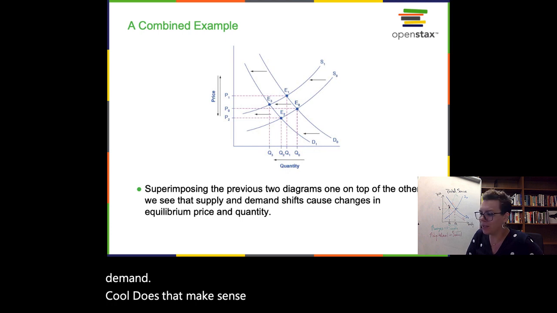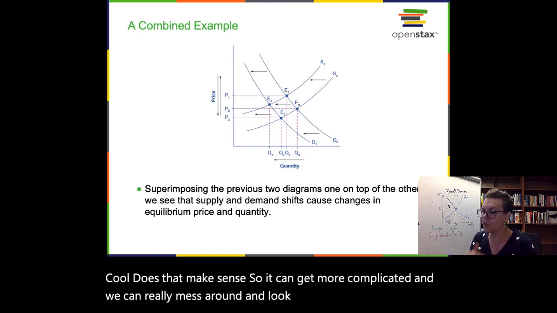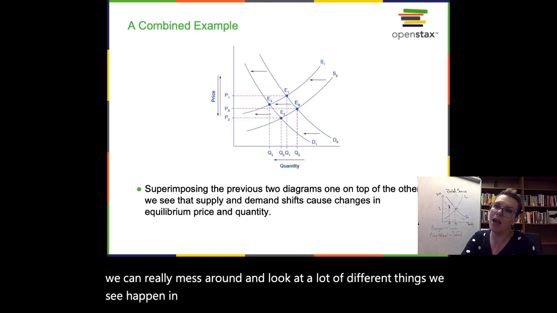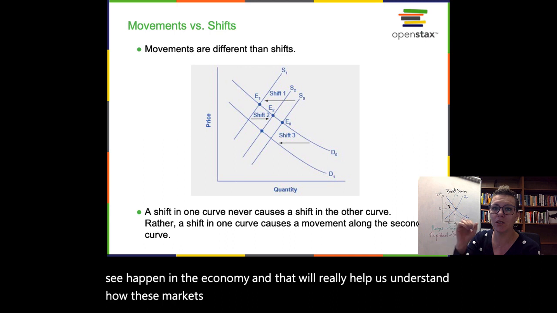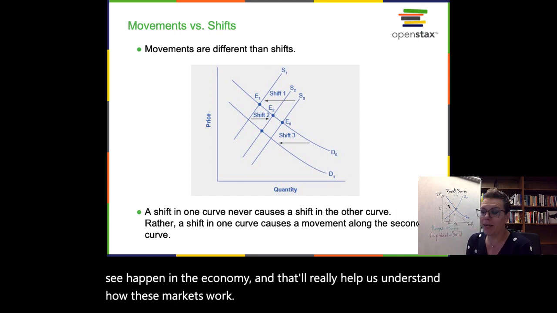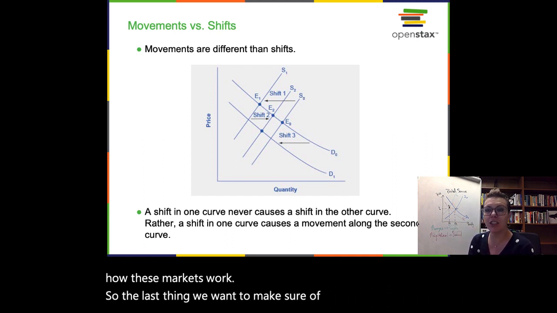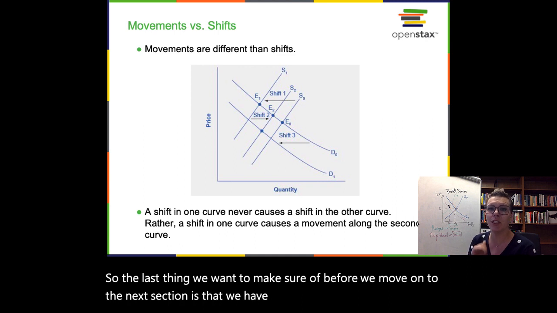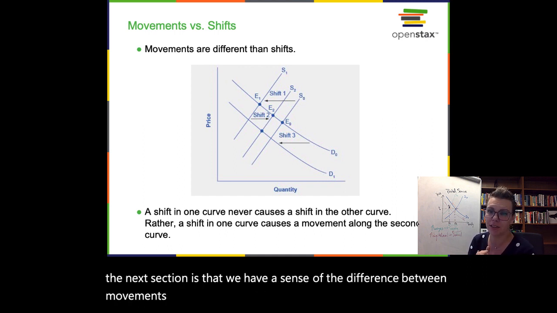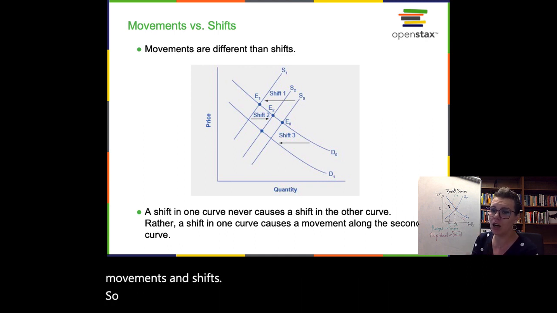So it can get more complicated, and we can really mess around and look at a lot of different things we see happen in the economy, and that'll really help us understand how these markets work. So the last thing we want to make sure of before we move on to the next section is that we have a sense of the difference between movements and shifts. So a shift is caused by one of those non-price determinants.